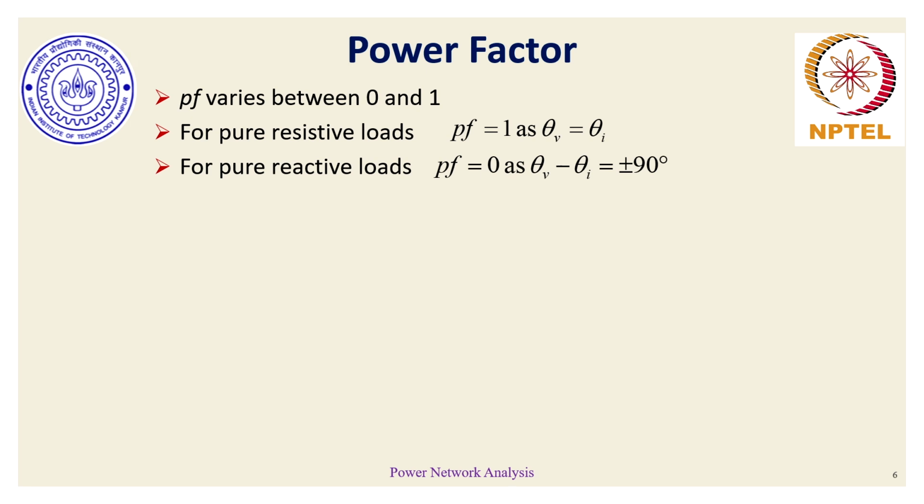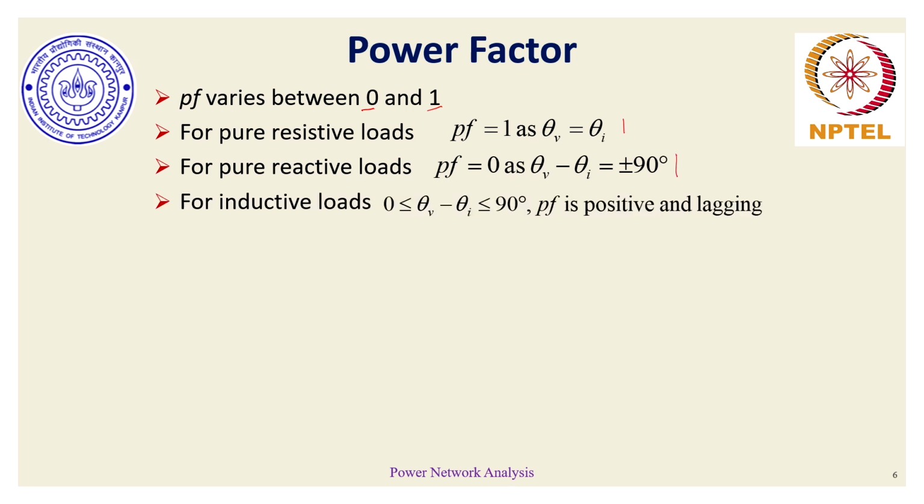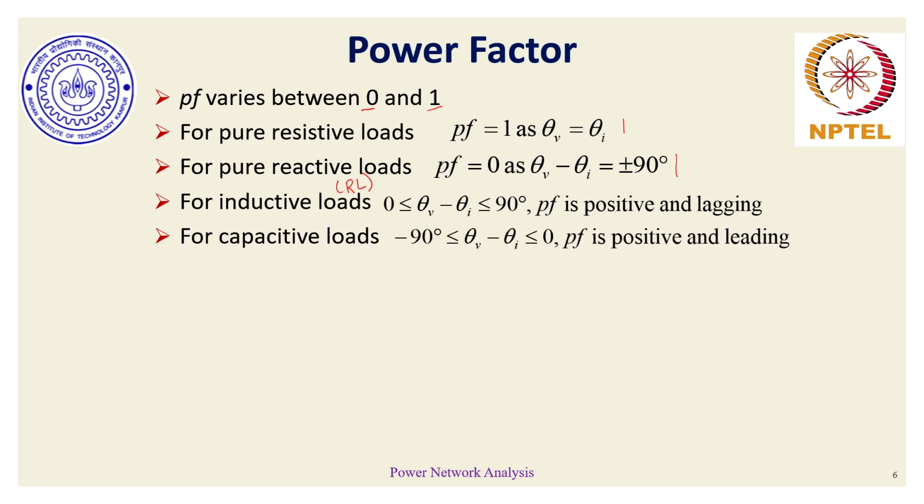Power factor theoretically varies between 0 and 1. The cosine of phase angle varies between 0 and 1, so power factor also varies between 0 and 1. For pure resistors, it's equal to 1, whereas for pure inductors or capacitors it is perfectly 0. For inductive loads, by inductive loads I mean a combination of R and L load, where there is a non-zero resistance as well as a non-zero inductance involved, the power factor angle would vary between 0 to 90, and similarly for capacitive loads, the phase angle would vary between minus 90 to 0.